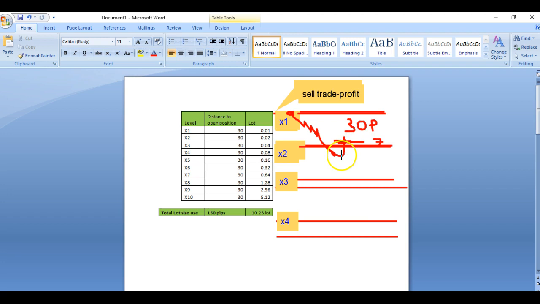Alright. So let's say it doesn't go back, so it will continue profiting. The X2 now continues profiting, and it keeps going down, and then it hits your third X3, third TP, I mean open trade.